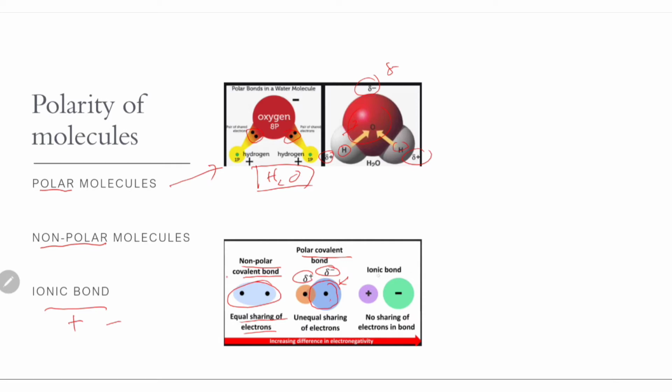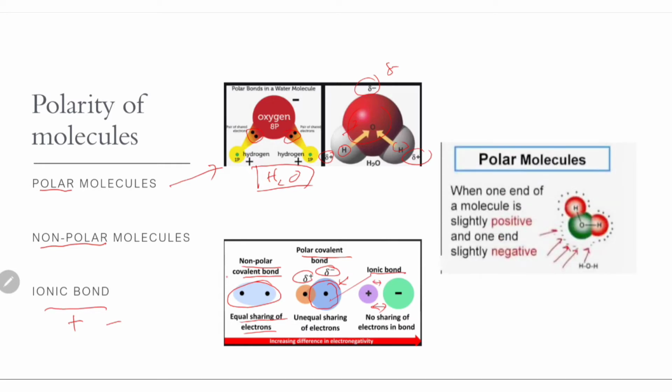For ionic bond, there is no sharing of electrons between the atoms, but indeed there is a strong electrostatic force between the positive and the negative. Slightly positive, slightly negative. Delta positive, delta negative, delta positive.